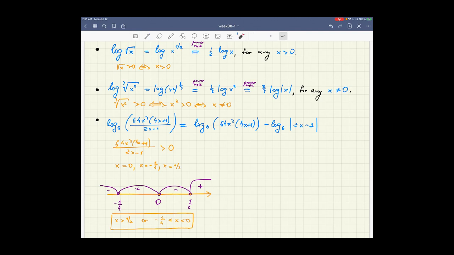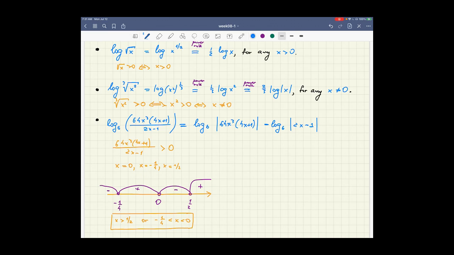How about this? Pretty much the same here. I should use absolute value. We'll take care about it later. All right.